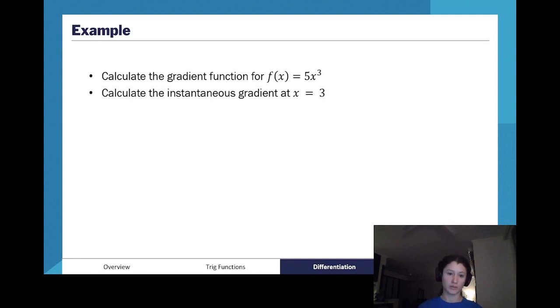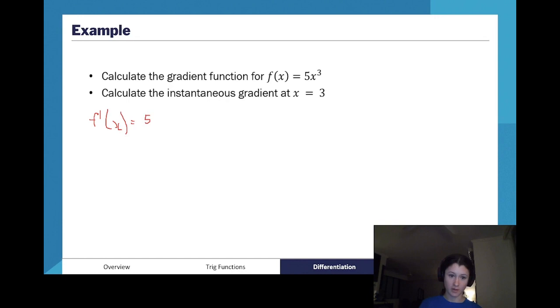So let's go through an example. Here we want to calculate the gradient function for f of x equals 5x cubed, and then calculate the instantaneous gradient at x equals 3. Our derivative is going to be f dash x.